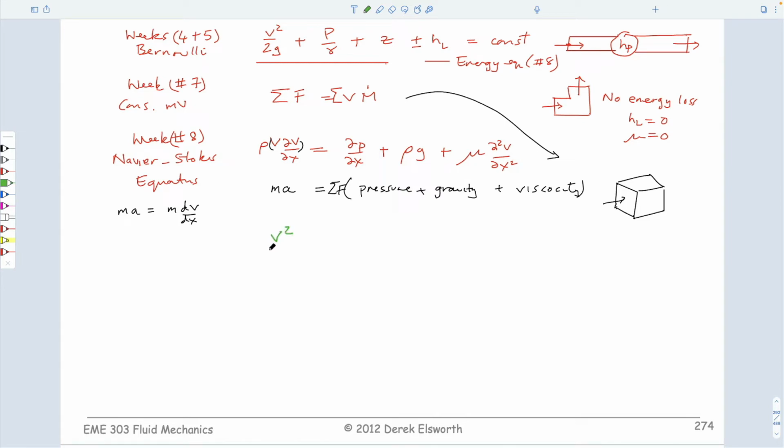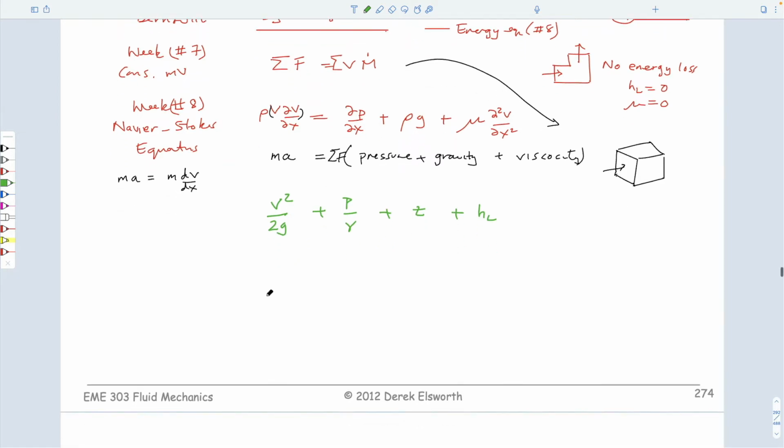V squared over 2g is the mass times acceleration term, plus p over gamma, plus z, plus, I can't do anything but call it HL, I suppose. Again, I'll write each of these terms out because I'm going to use this. So this is inertia.